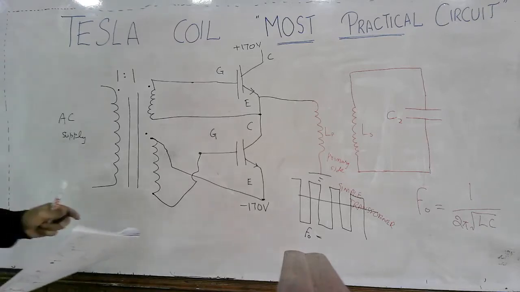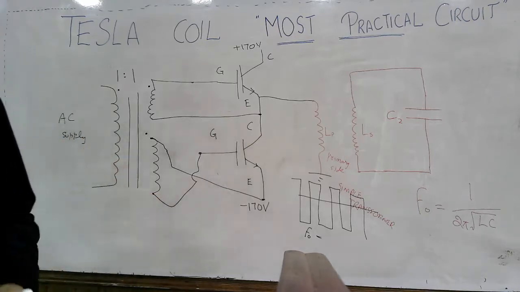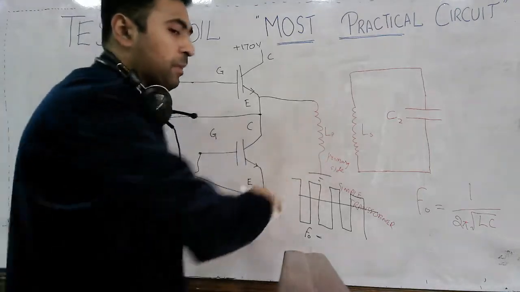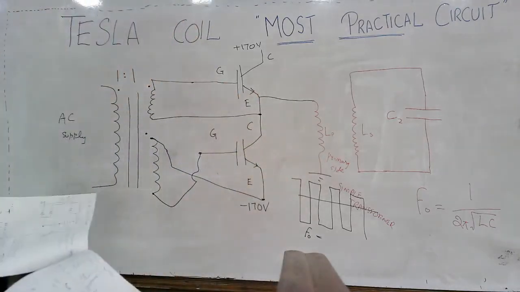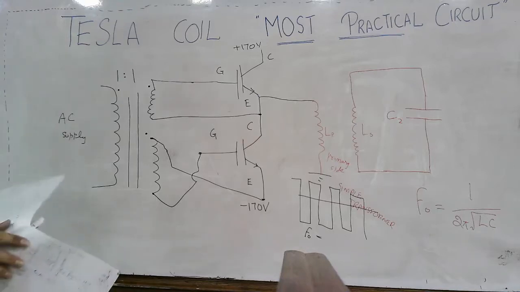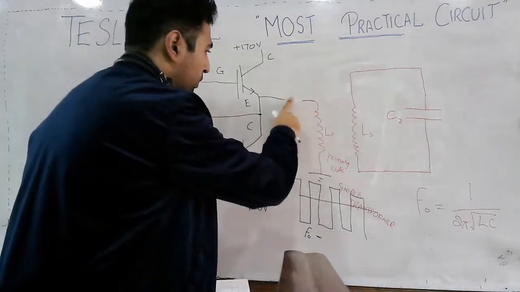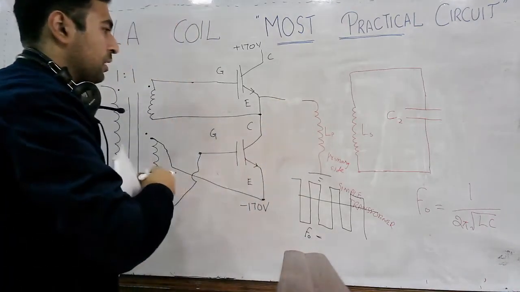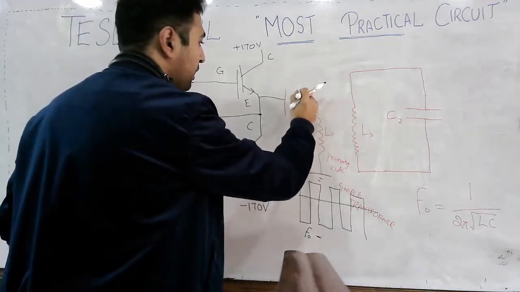Now what's next? And one more thing, this is the primary side. As we stated, our primary side also had the capacitor here. So we are going to introduce a capacitor on the primary side as well.